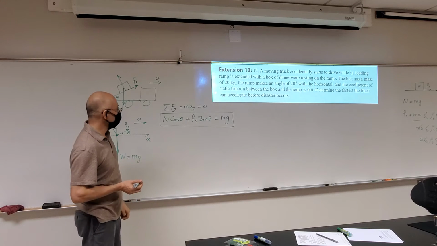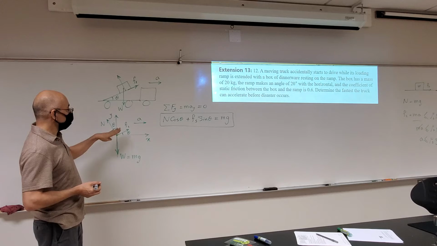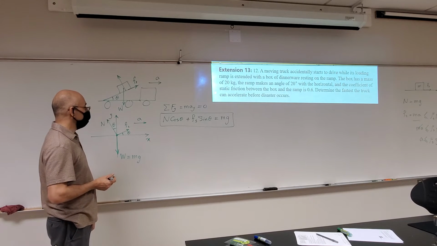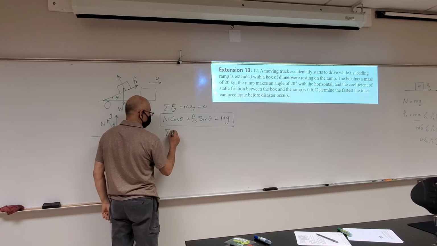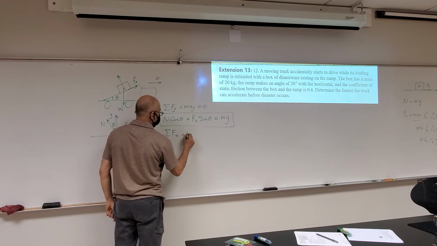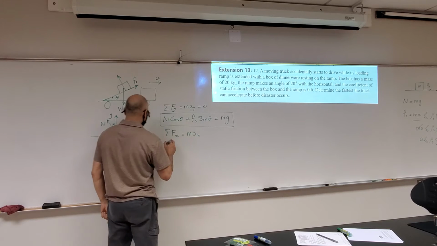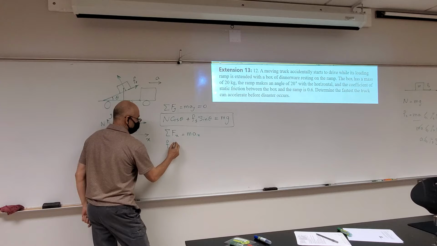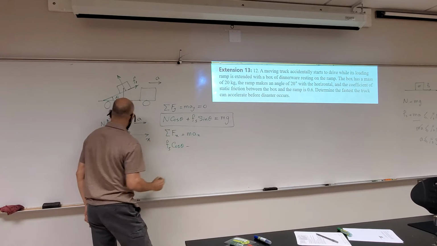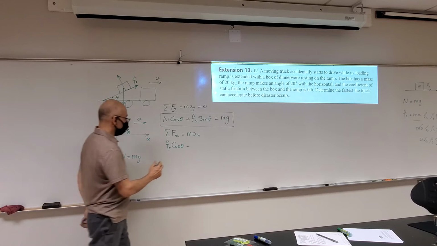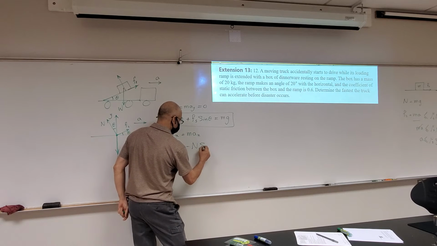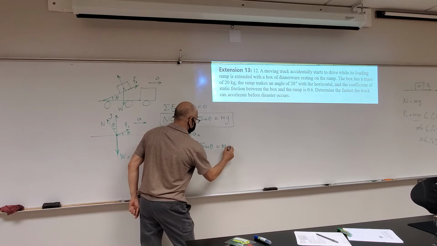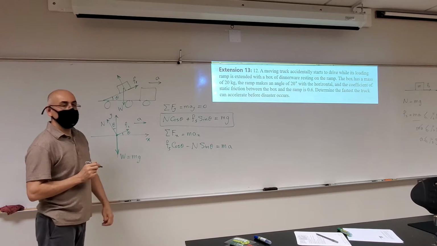But let's write down the horizontal component. Sum of Fx equal to ma. Sum of Fx means what? It is Fs cosine theta minus N sine theta, equal to ma, right?